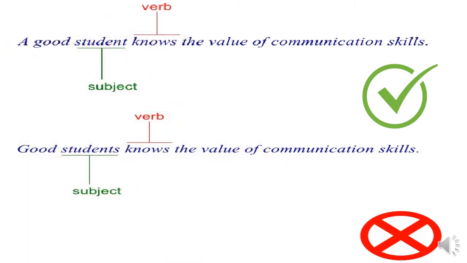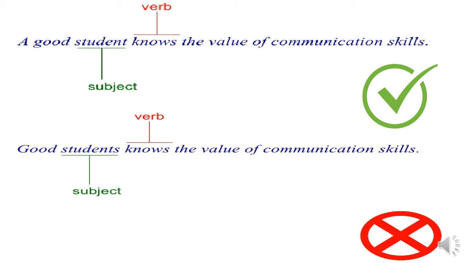Well, this slide shows you an example of the correct form and the incorrect form. You can see a good student knows the value of communication skills. So when it is a singular subject, we have the singular verb, whereas here good students knows the value of communication skills. That is incorrect because the verb that should be followed after plural subject should be a plural verb.